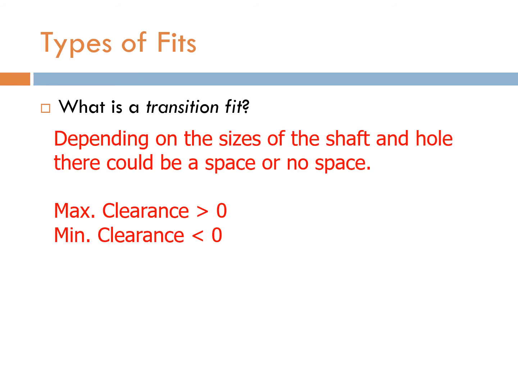When you have a transition fit, it depends on the size of the shaft and the hole, and there could be a space or no space, meaning the variation of the values could allow you to have a clearance or not. There's some possibility, when you set the allowance and the tolerance of parts, that you are not able to have any clearance, and that is what we call the interference.